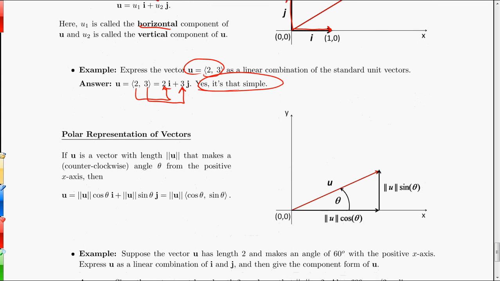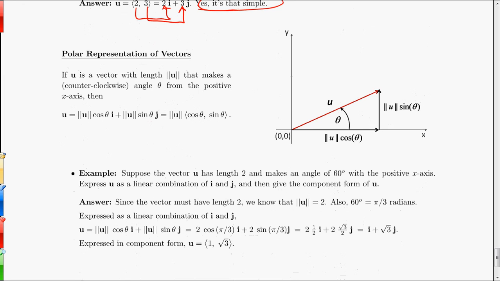And finally, we're going to get into polar representation of a vector. Suppose you have a vector u that is created by rotating theta degrees counterclockwise from the positive x-axis, and suppose it has a length given by the size of u.